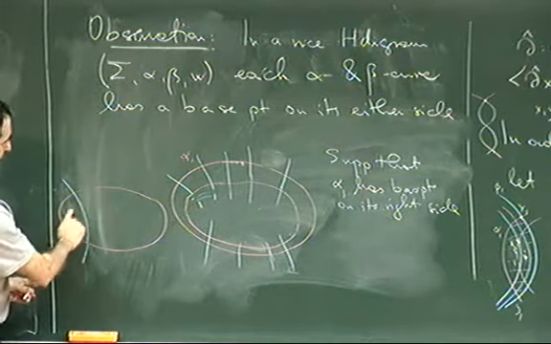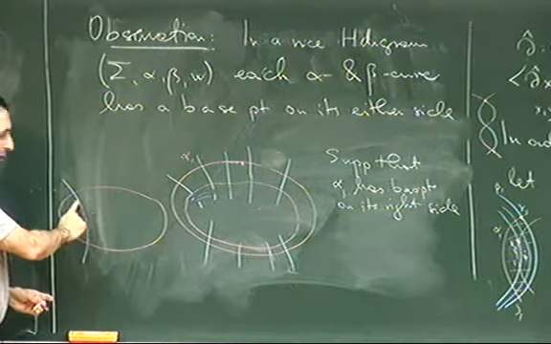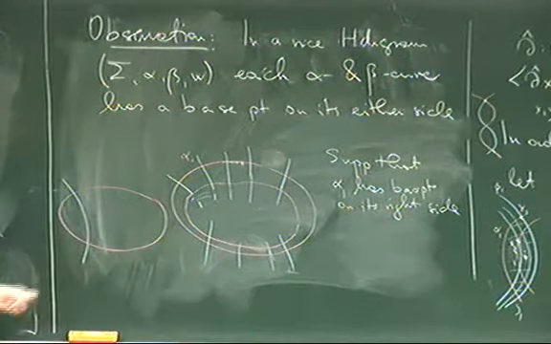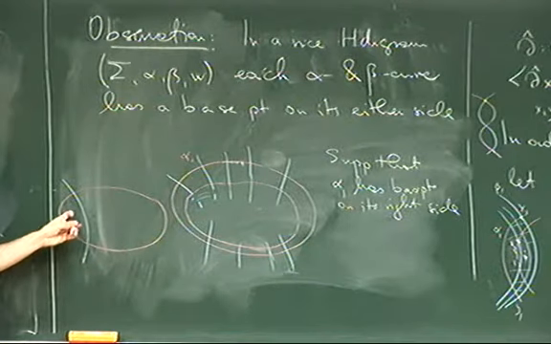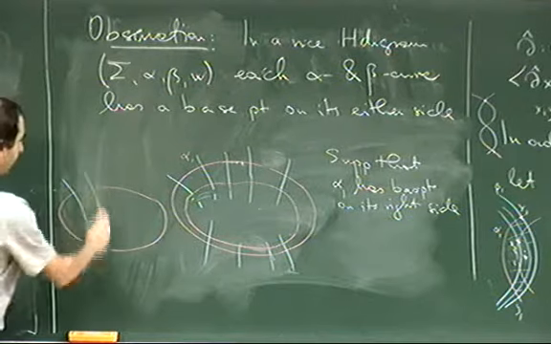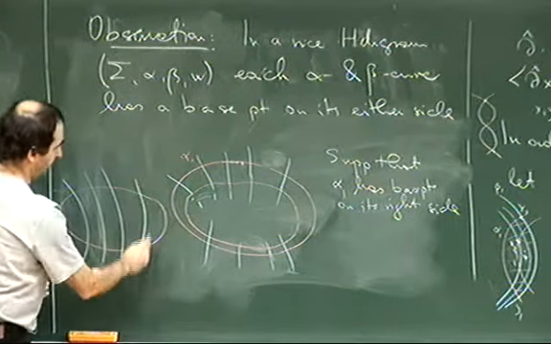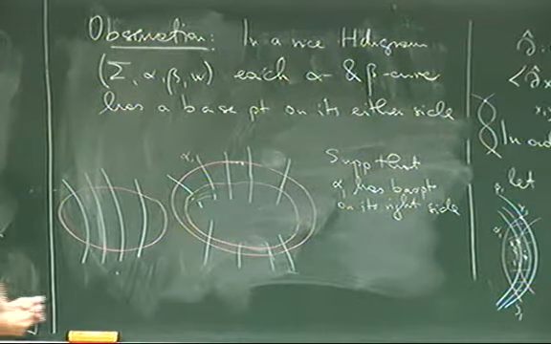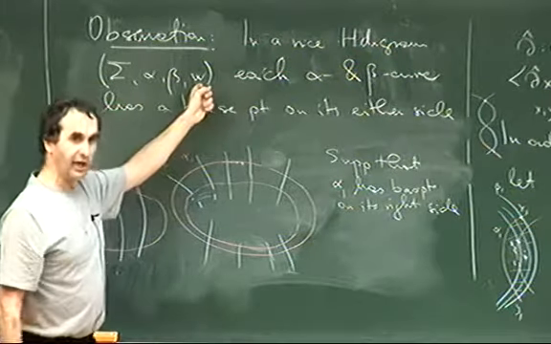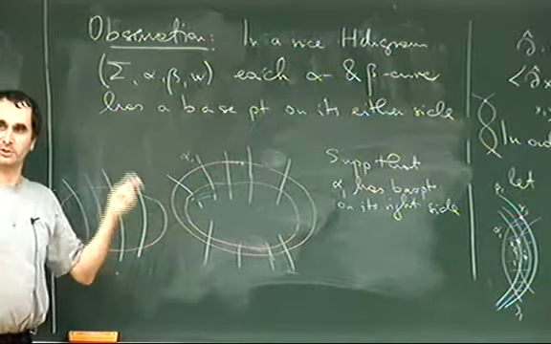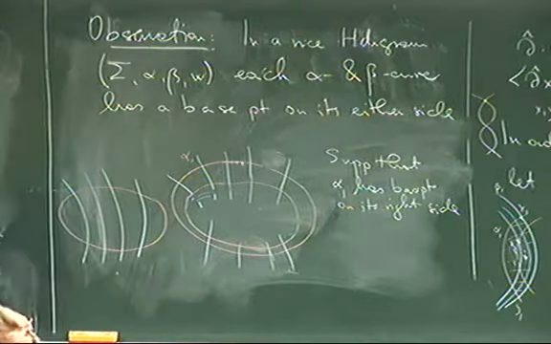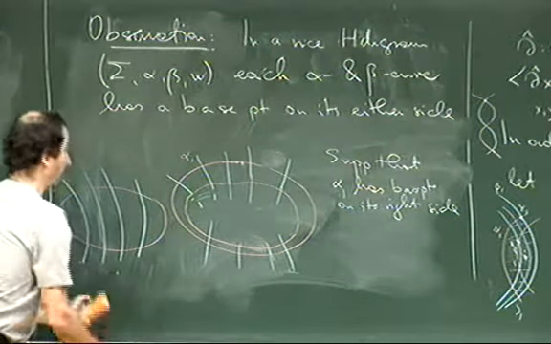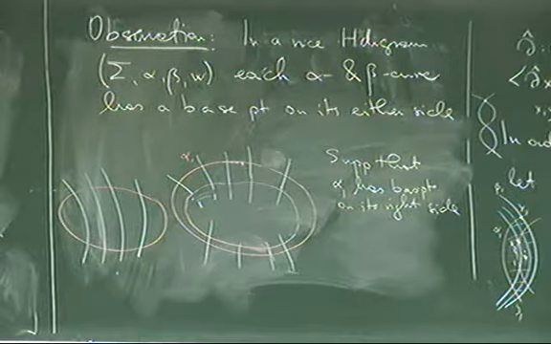Either on the other side you have a bigon, which means that you are done, and you again found a whole component without base points, or there might be some rectangles and another bigon, and again you have a component of sigma minus alpha without base points. Too bad. Or we start with a multi-pointed Heegaard diagram, which by definition has a base point in every component.